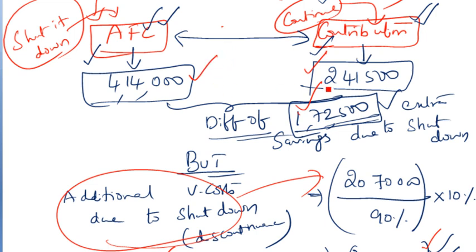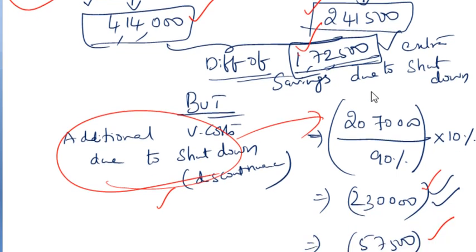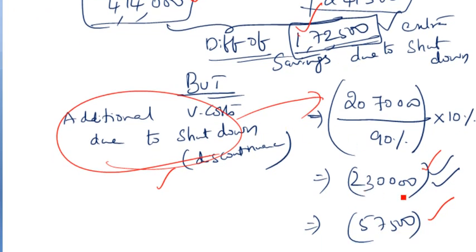And then I came to a conclusion that if I shut down, then I'll be saving an extra 1,72,500 of division C. Then I also came to know that in addition to this savings, there will be an extra cost of 2,30,000 because of shutting down or discontinuing division C. Why? Because right now your cost is at 90% of the normal cost.